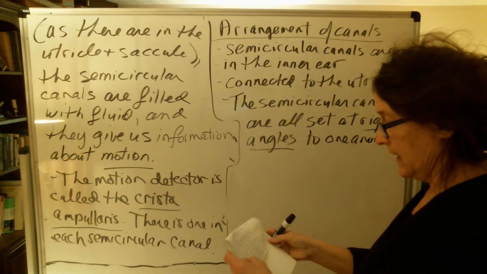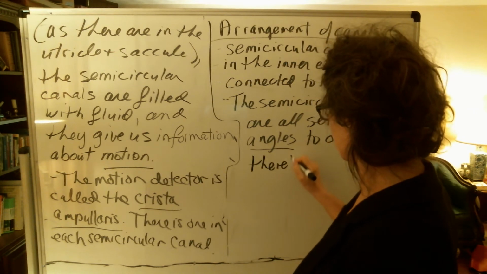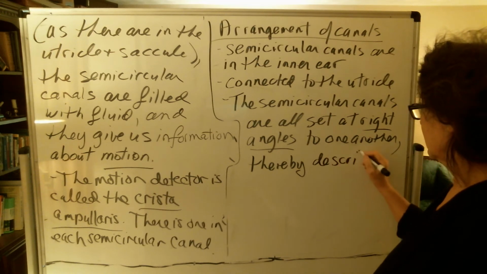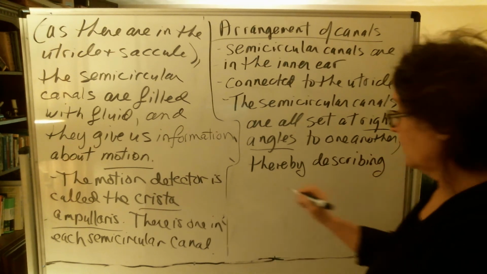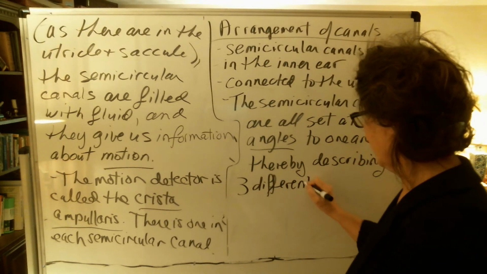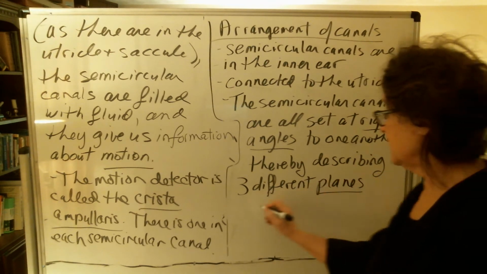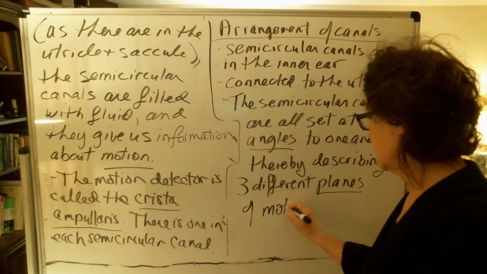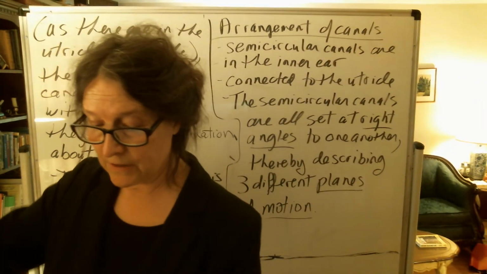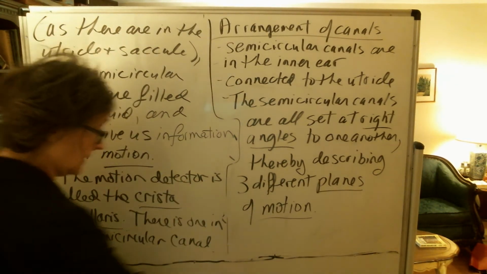They are all at right angles to each other, thereby describing three different planes of motion. Okay, so how do they manage to all be at right angles to each other?